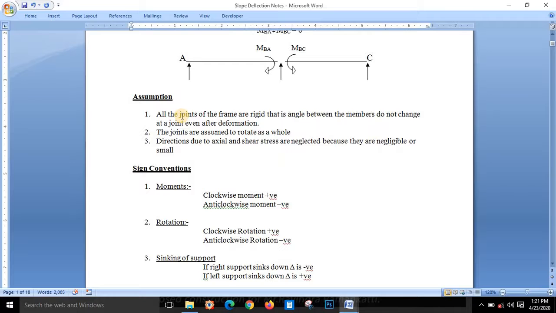The joints are assumed to rotate as a whole, meaning the left side and right side rotate simultaneously. Deformations due to axial and shear force are neglected because they are very small. Even though the joints rotate, some shear stress and axial stress will develop, but as those stresses are very small, we are going to neglect them.